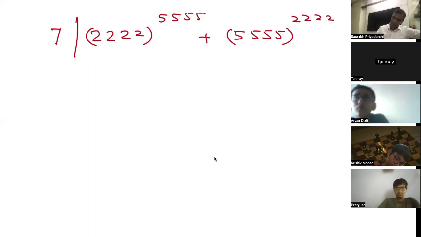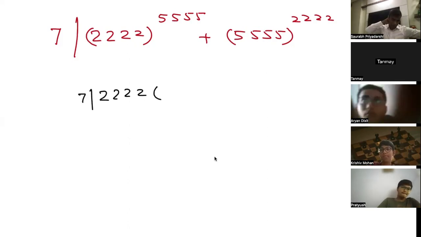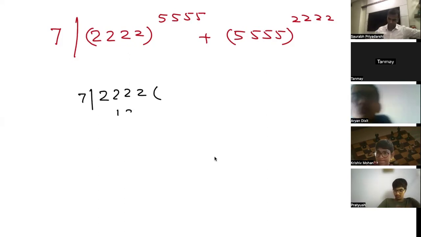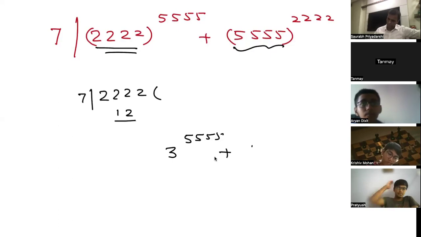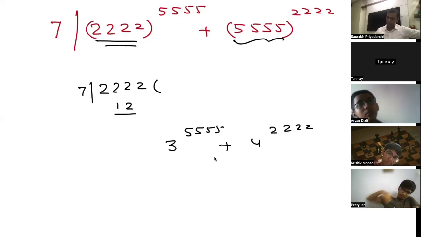Okay, let's see. So one of the methods is, right, 2222. When dividing by 7, what is the remainder you are getting? 3. So this is coming as 3 to the power 5555. Right. And what remainder are you getting from 5555? 4. So 4 to the power 2222. Right.